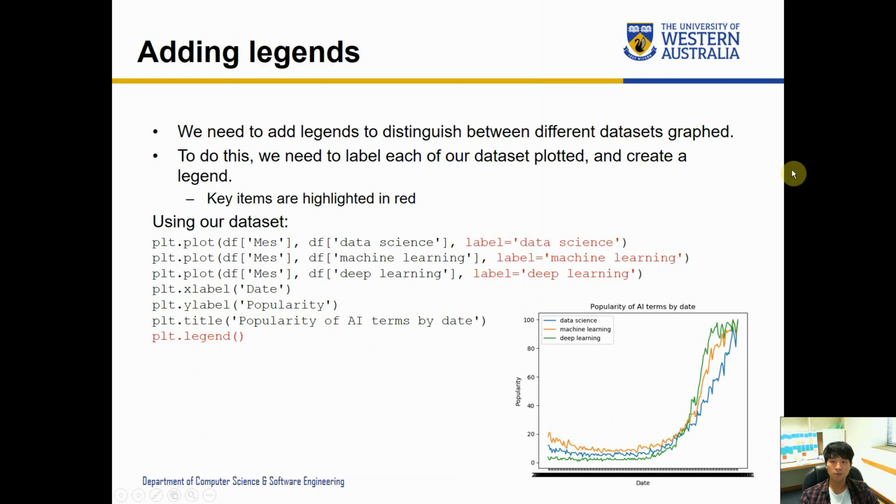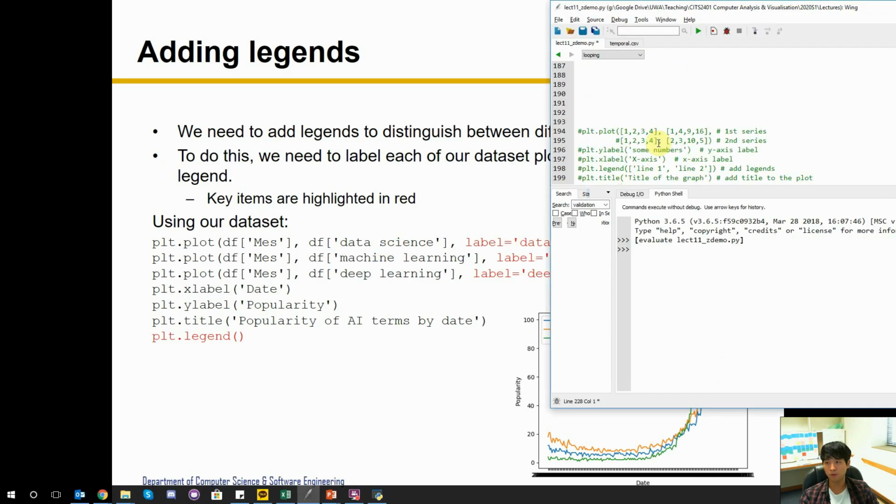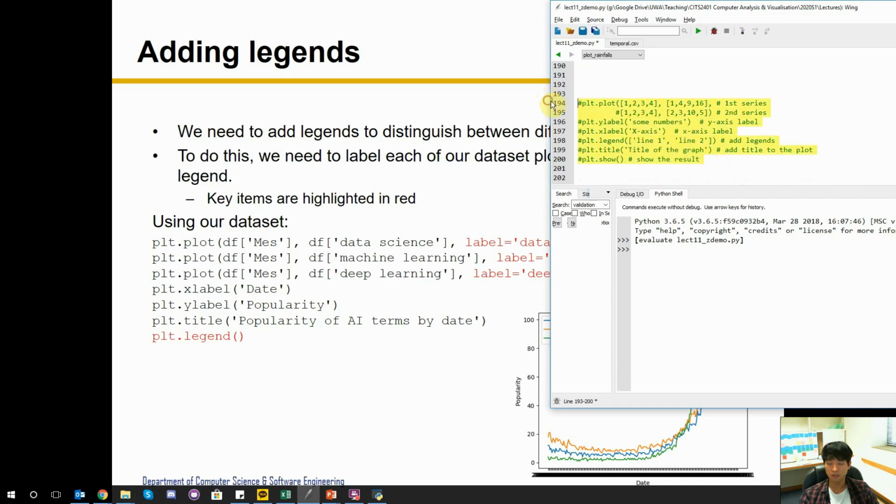Okay, so as we've seen before, we can add legends, but sometimes you want to label the lines rather than hard code those labels that we have seen before. So for instance, in this example, we have added legends by ourselves, saying that's line 1 and line 2, but sometimes if you are plotting different lines at different locations, remembering which line has which legend can be confusing.